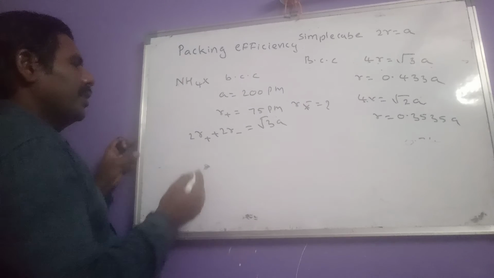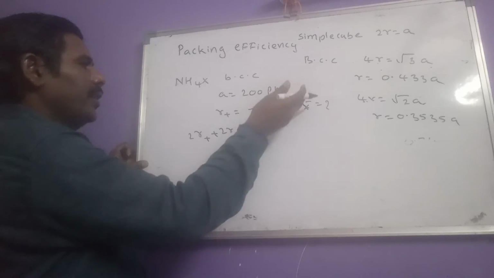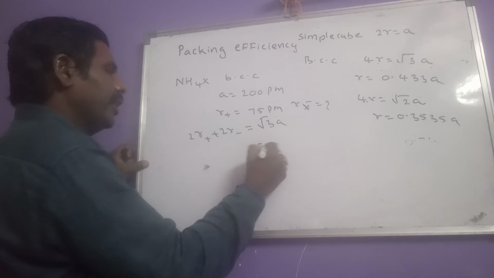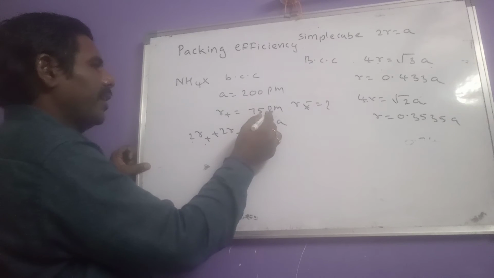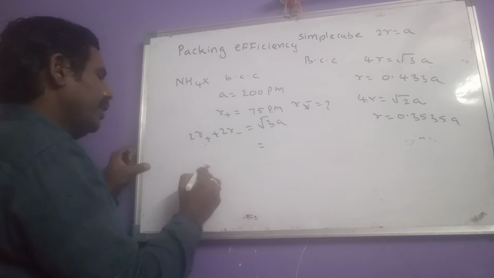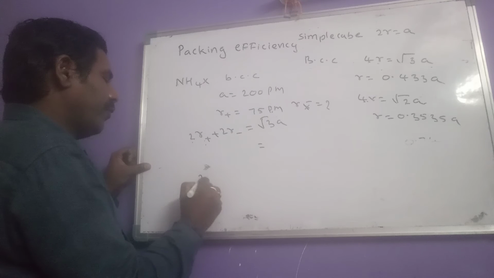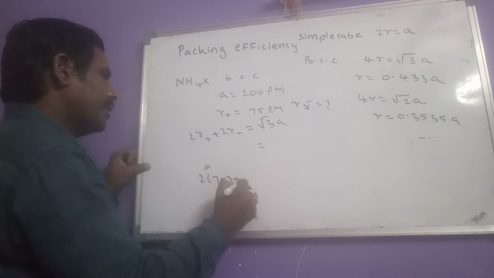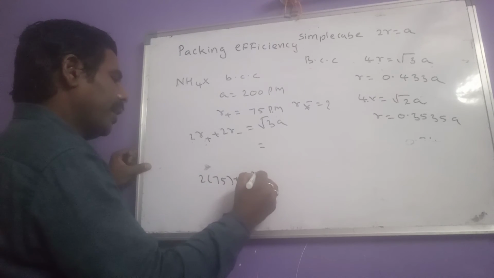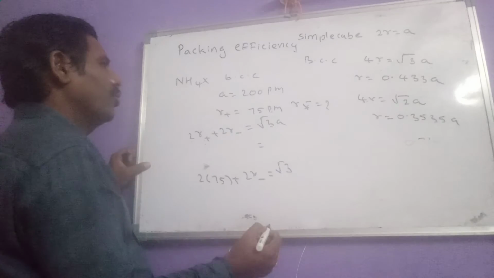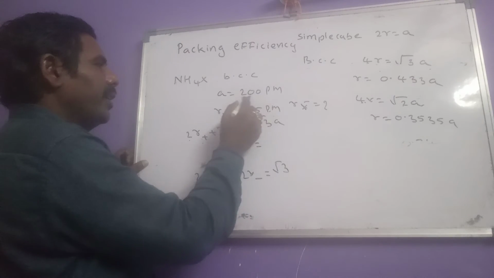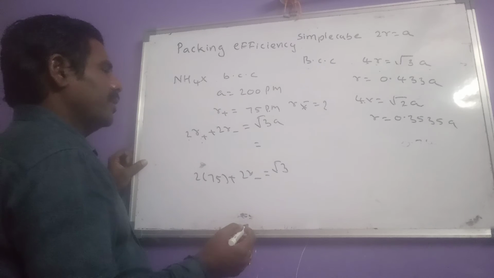First let us substitute the edge length value here. What is the radius of cation? They have given 75. So 2 into 75 plus 2 into R minus equals root 3 into 200 picometers.